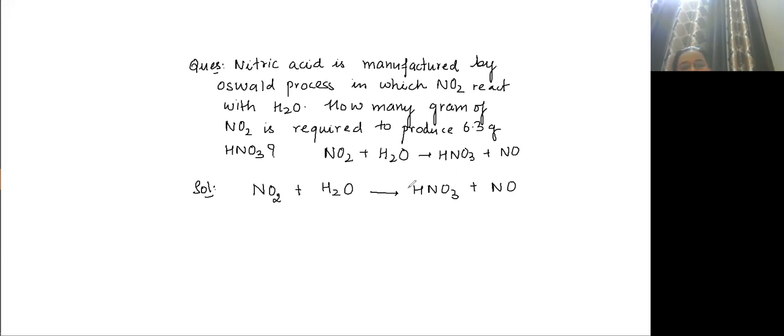Hydrogen is 2, balance hydrogen. Now, next oxygen, if you see oxygen is 6 and 1 on this side. 2 and 3, oxygen becomes 6 plus 1. Now this is balanced. Now tell me the answer.